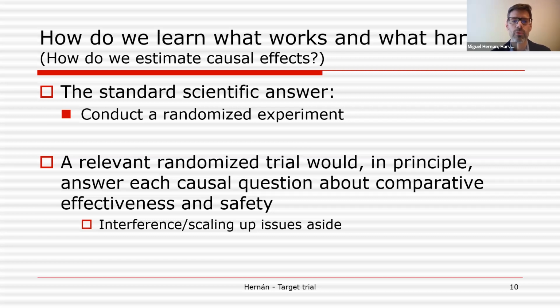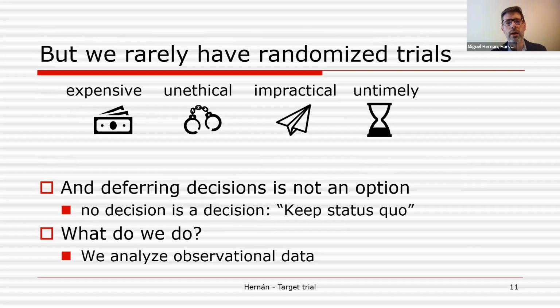That's the best possible way of doing it. For any question that we have about comparative effectiveness or comparative safety, there is a randomized trial in principle that would answer that question. Of course, as we all know, we don't always have randomized trials, and the previous speaker has already explained a few of the reasons why. They may be expensive, not ethical, not practical, or simply not timely.